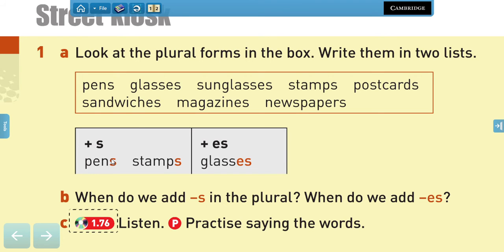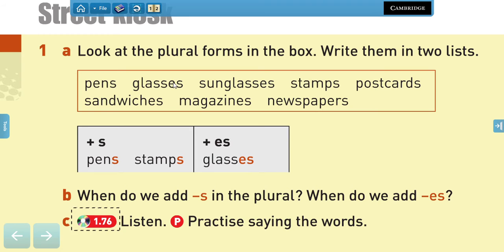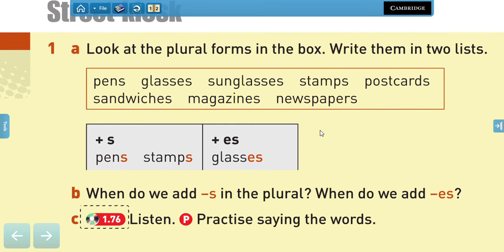If you delete that, that's singular, and then pens is plural. Stamp and stamps. And we will have another category for those words which have an ES at the end. So we have the word glass, yes, and then we have glasses. So try to classify all of these words, pause the video, and then we're going to check, all right?